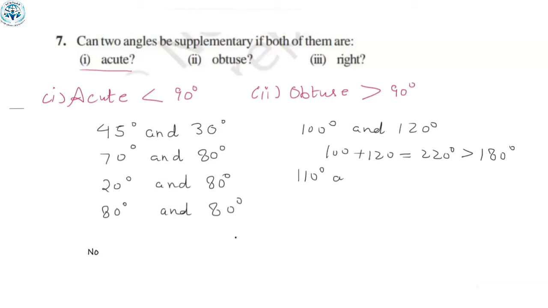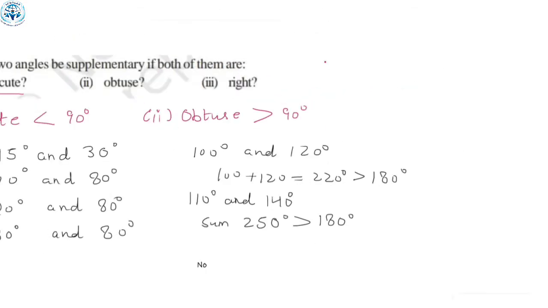That means these are not supplementary. Let's find out another pair, 110 degree and 140 degree. Both are greater than 90 degree, that means obtuse angles. The sum of these two angles is 250 degree, which is again greater than 180 degree. The answer is again no. That means two obtuse angles cannot be supplementary.